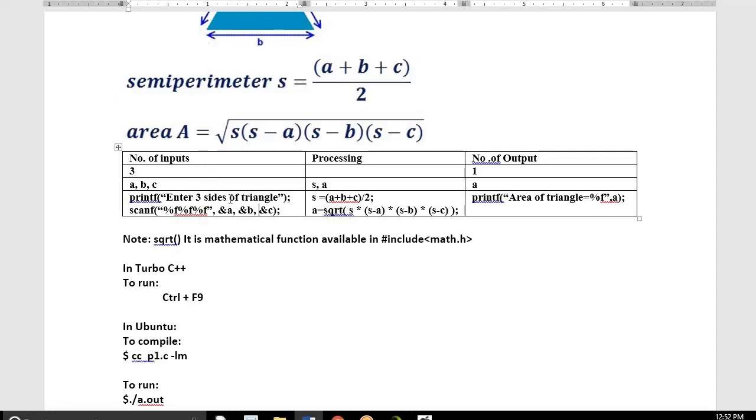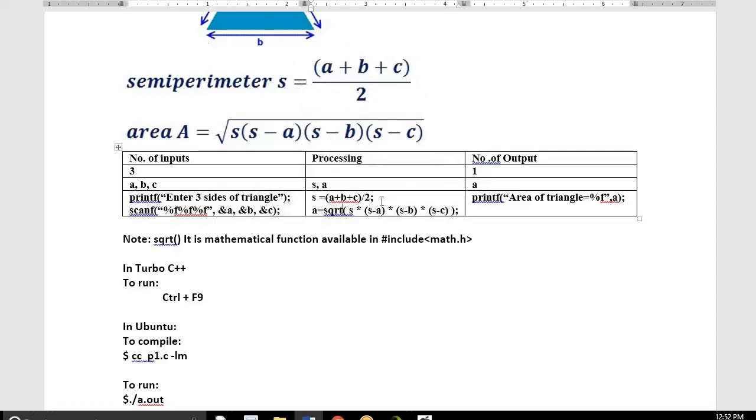Once you take three inputs, the next step is to process. How to process? We do two processing tasks here. One is to calculate the S value. One more is to calculate the A value. How to calculate the S value? We know this is a mathematical expression: S equals numerator divided by denominator. This is a mathematical expression. This is also a mathematical expression. But this is a C expression.